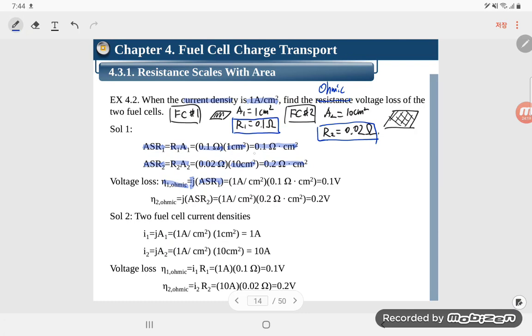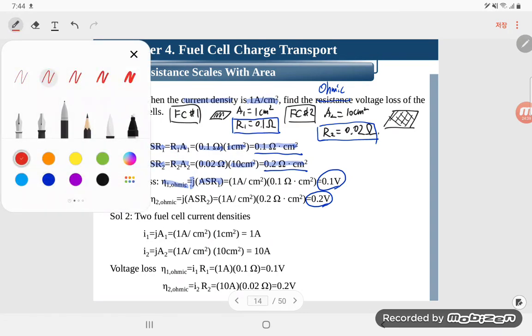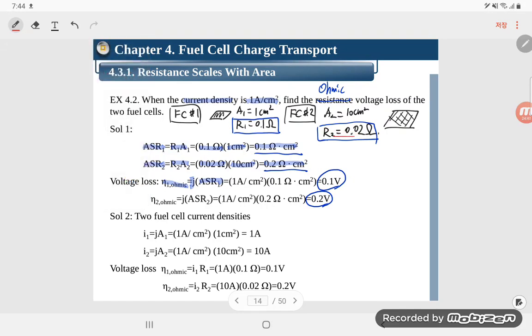This is the ASR. If you insert these values, 0.1 and 0.2, in here, then for fuel cell number 1 we have 0.1 volt, and for the second fuel cell we have 0.2 volt. We thought that fuel cell number 1 had a higher resistance than this one, but actually the ohmic loss is higher for fuel cell number 2, because of this area effect.